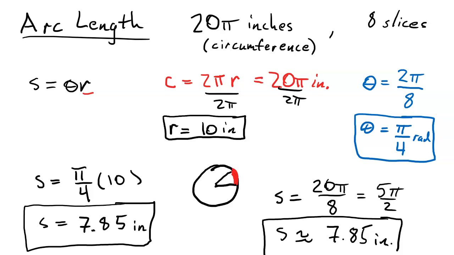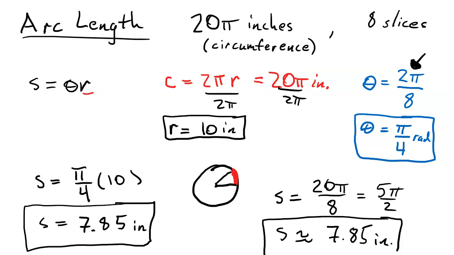So the main takeaway I want to talk about is that your theta in your pizza slice rotation is just a segment of the entire rotation around the pizza. It's just part of that rotation.